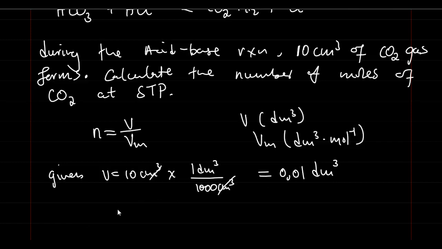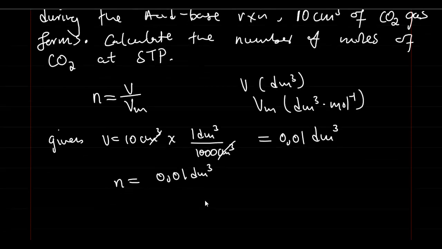Now the number of moles of carbon dioxide, how much do we have? We're going to have 0.01 dm cubed divided by the Vm at STP. How much is Vm at STP?